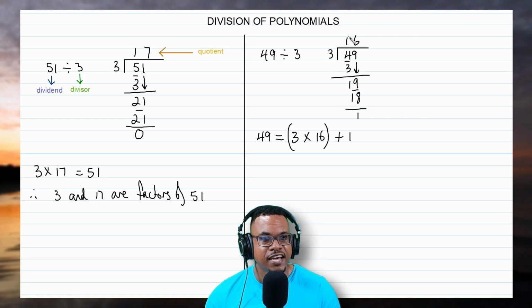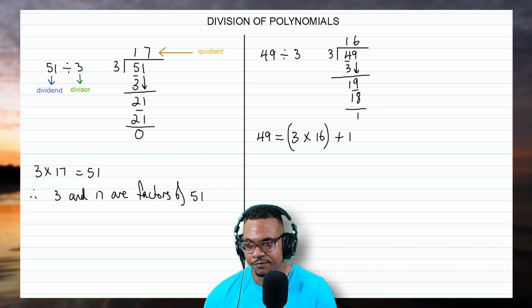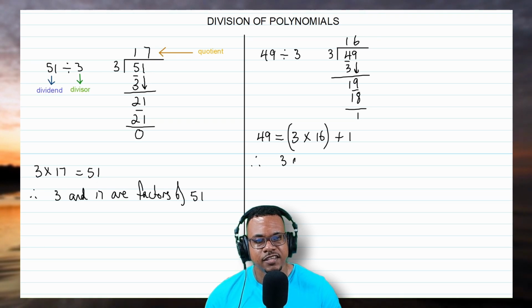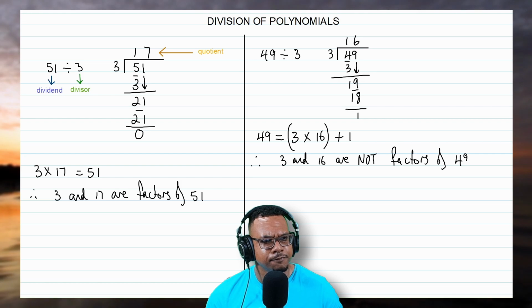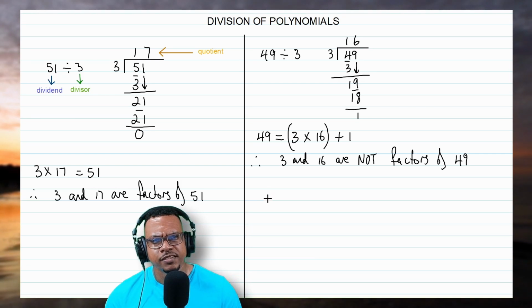Therefore, the 3 and the 16 are not factors of 49.